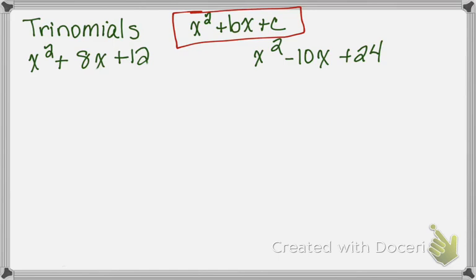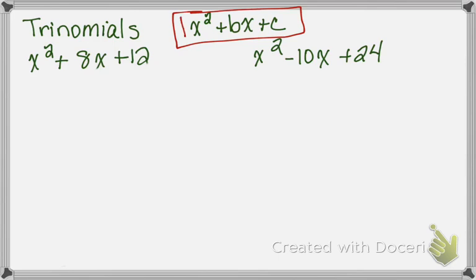The first thing that we're going to do with our factoring is factor a trinomial in the form of x squared plus bx plus c. Now what I want you to notice about this x squared plus bx plus c is that there is a 1 in front of that x squared.